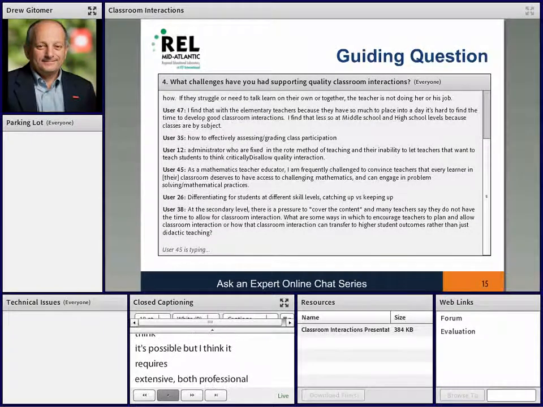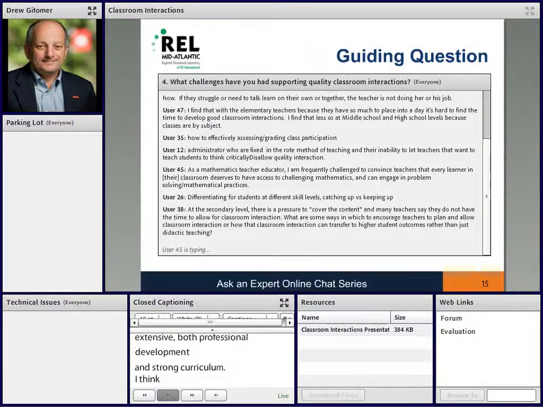To Stephanie's point, I think it's very difficult to walk into a classroom with this broad range of students without that kind of preparation and support, and assume that you're going to be able to reach all students equally.